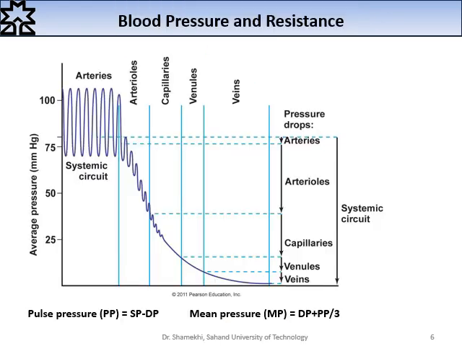In this slide, the form of the pressure and also the value of the pressure inside our vessels have been shown. As you can see, the highest level of blood pressure is in the arteries, and the lowest range is in veins.